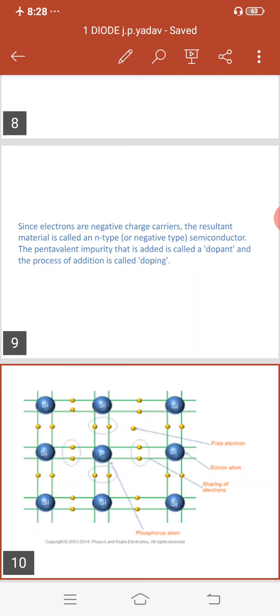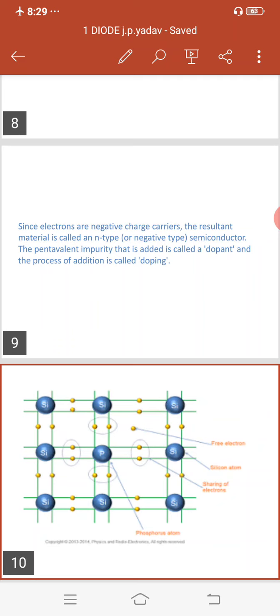When we use more pentavalent doping in a pure semiconductor, we get more electrons. We can say free electrons increase as doping increases.